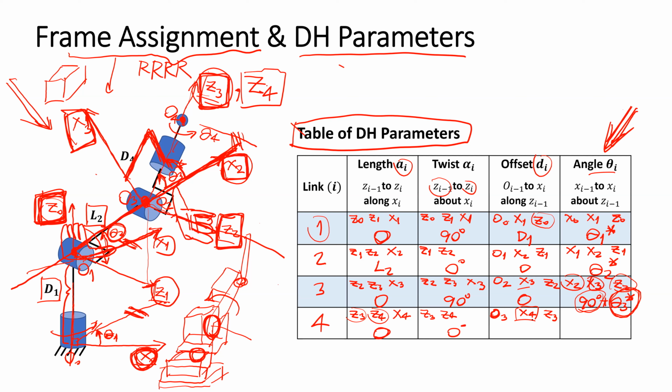Let's put x4 at this point. X4 needs to pass through O4 because O4 is the origin of the frame 4.